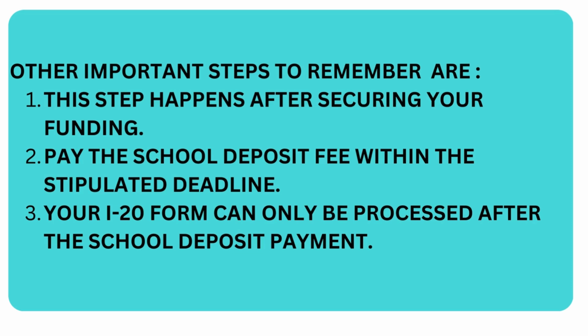So you have to make sure that you pay that school deposit as you do this upload of this financial guarantee form and your financial documents. You have to do it either before or immediately after, so that the school can process your I-20. Otherwise, without that, the school will not process your I-20 form.